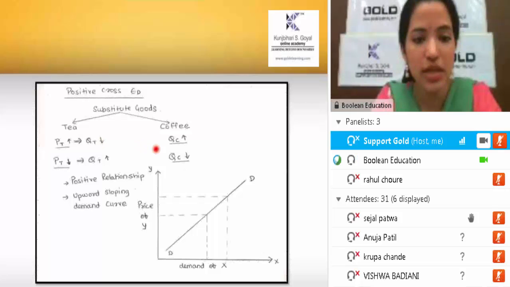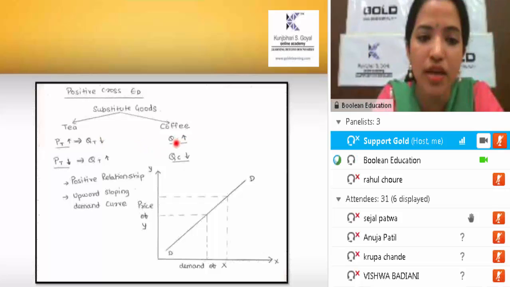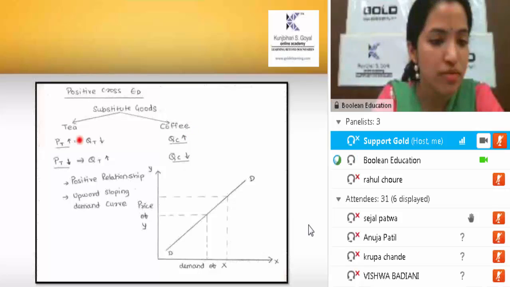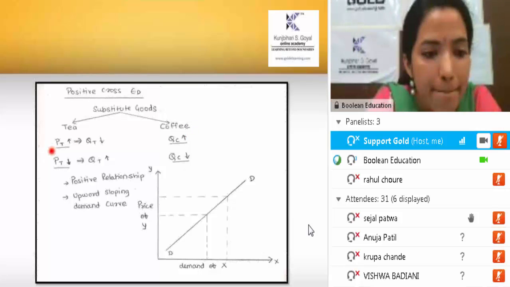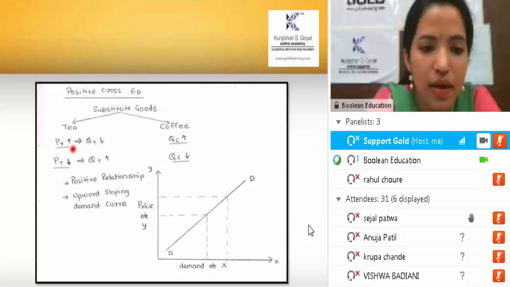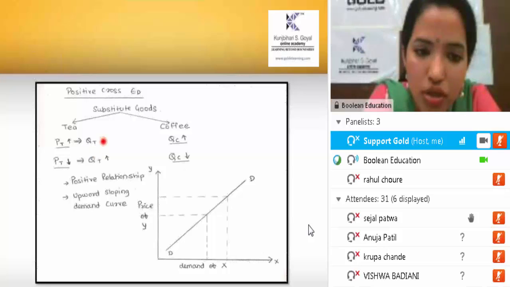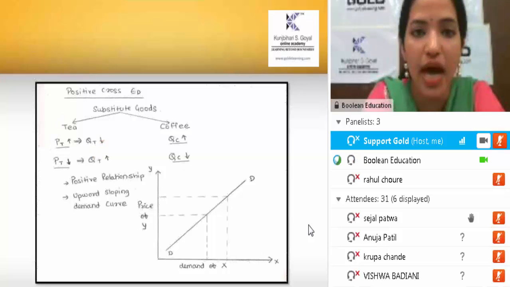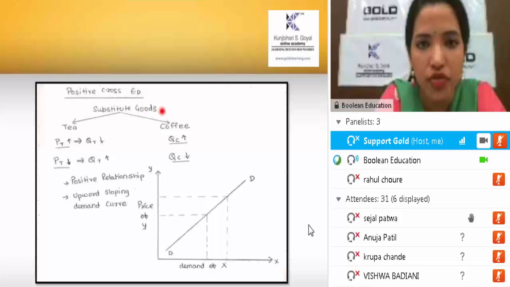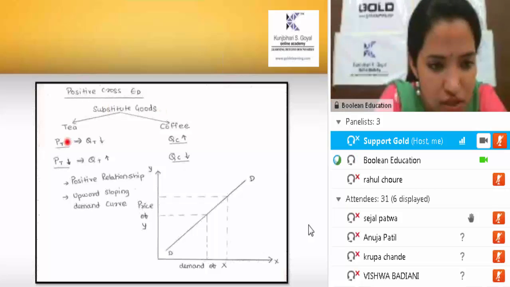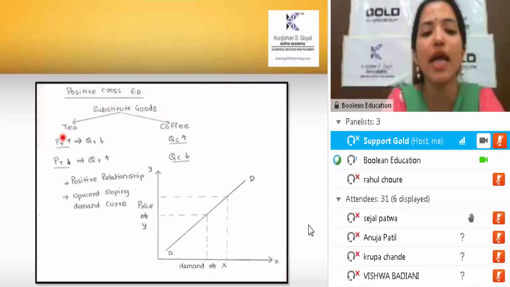Hence quantity demanded of coffee will increase. Just look what I have underlined here. Price of tea increases, quantity of coffee increases, दोनों साथ में बढ़ा, means there is a positive relationship between price of tea and quantity of coffee. Correct? Can you see the positive relationship between price of tea and quantity of coffee?